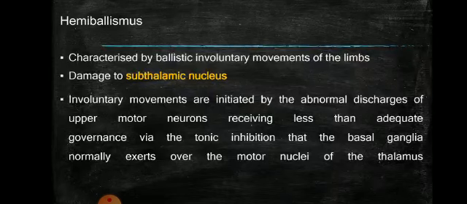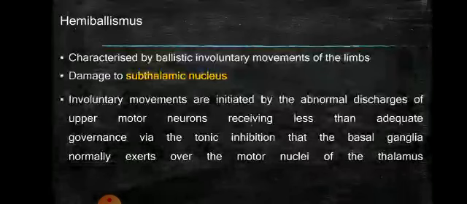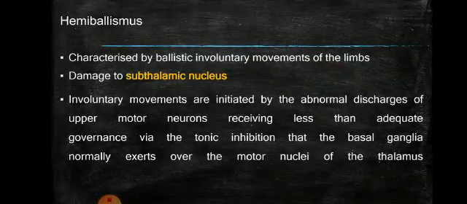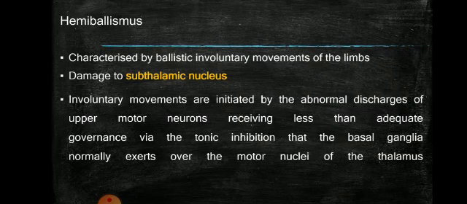So, there we come to an end of basal ganglia. As I promised, maybe sometime next week, I would do a small class on basal ganglia, where I would like to brief up all the circuits with the disorders of basal ganglia, Parkinsonism, Huntington's disorder, Hemiballismus, everything through a mind map, and I hope that the whole chapter of basal ganglia would be thorough for you all.